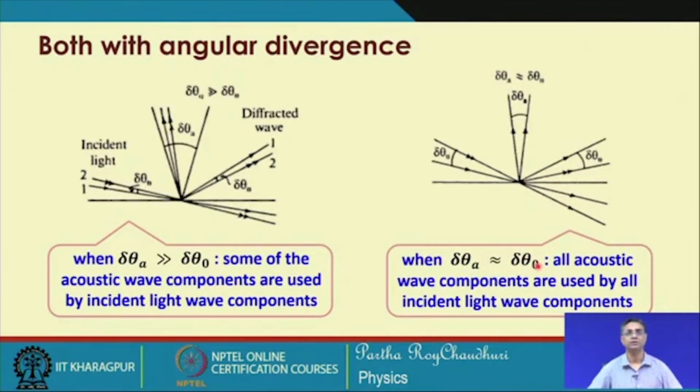So, so far all that we have discussed is that if we have a range of optical waves making some angle delta theta, then there is a need of delta theta A, the angular width of the acoustic wave, for all the optical beams to be utilized for Bragg diffraction.